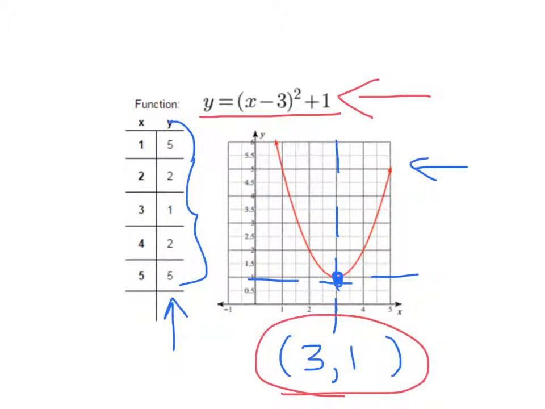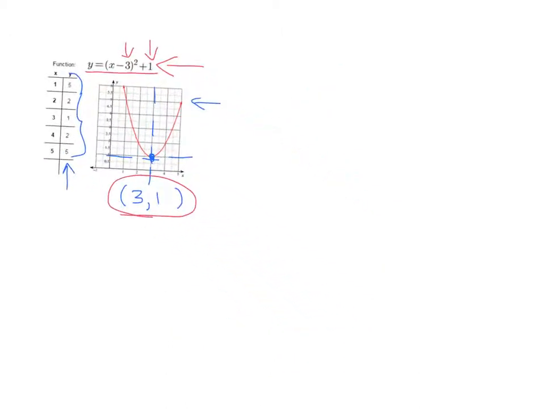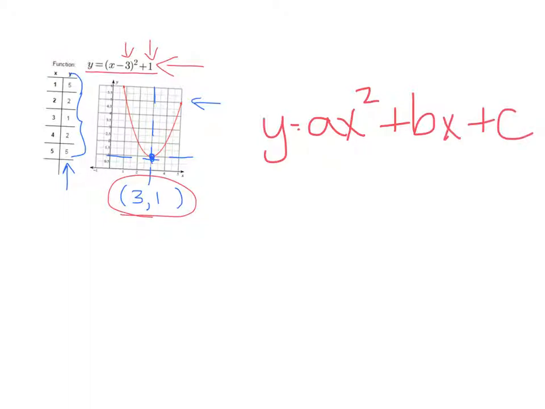That is, the number 3 and the value 1 were both in our original function when it was in this kind of oddball format. If you remember right, we're used to seeing our functions be y equals ax squared plus bx plus c.